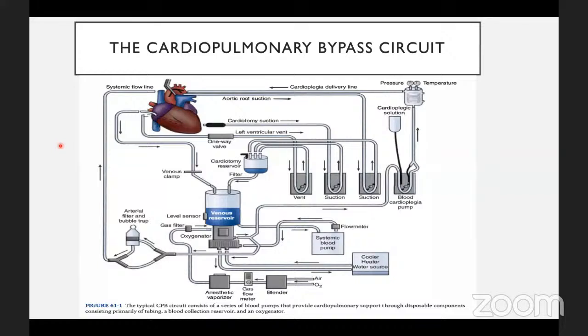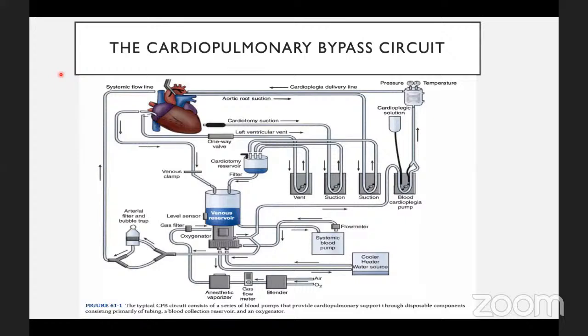So the basic difference between CUF and MUF is, in CUF, you are basically filtering the total circulating volume. That's the whole circulating volume, which includes the venous line, the venous reservoir, the arterial filter, and up to the arterial inflow line. So the whole circuit, the total circulation, is being filtered.